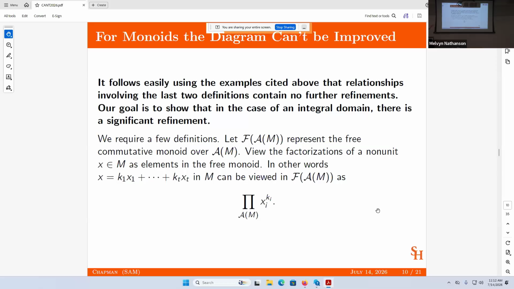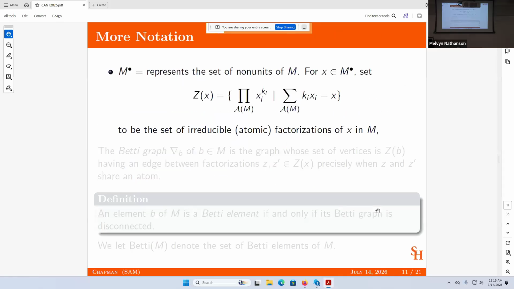So if you had a factorization in M where x is k1 copies of x1 plus k2 copies of x2 down to kt copies of xt, I'm going to write it in the free monoid as such. If M bullet is the set of non-units of your monoid, if I take a non-unit x, Z of x, we saw this yesterday, is going to be the complete set of factorizations in the monoid.